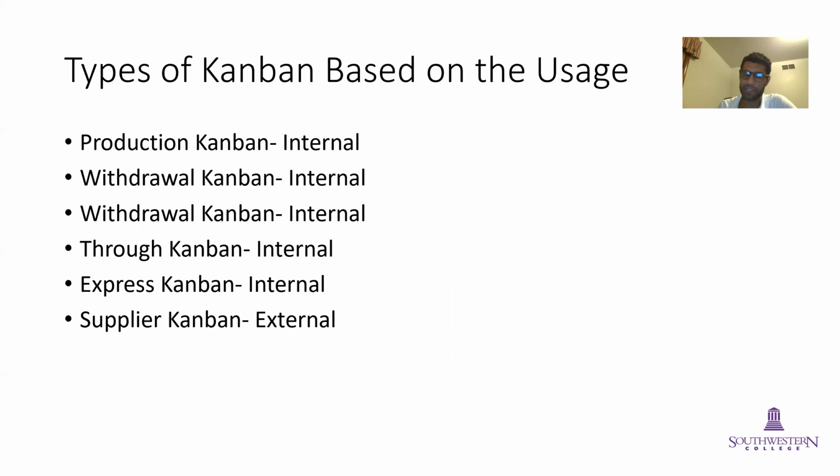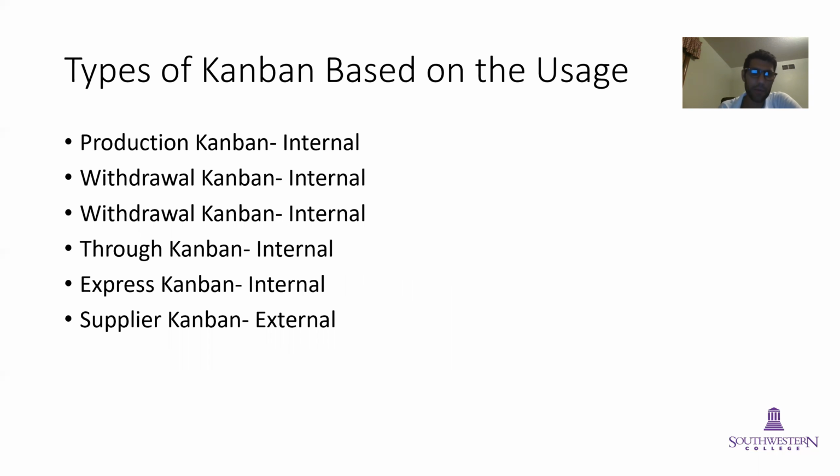Different types of Kanban systems. Most of the Kanban systems we are using are used for internal purposes, so they are used by people within the manufacturing wall. However, there is one type of Kanban, which is supplier Kanban, and in that Kanban, you improve the communication between inside the house and what's happening outside.